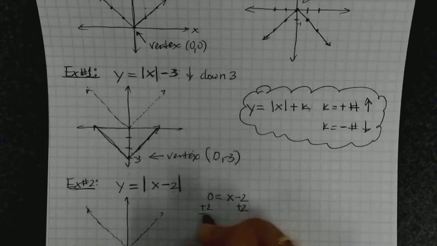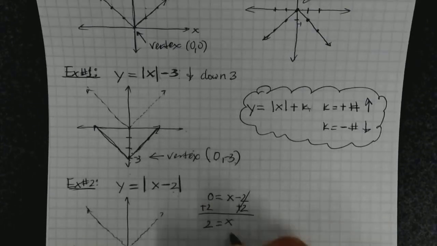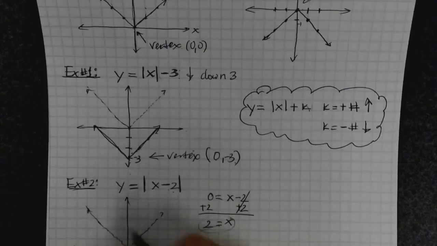And this tells me x is equal to 2. So what happens is that the vertex will move over to the right 2. Here's 2. Here's my x. There's that 2.